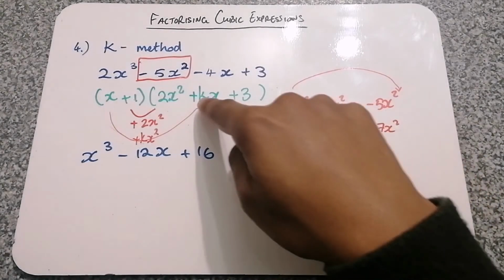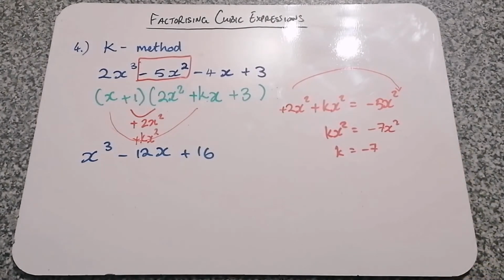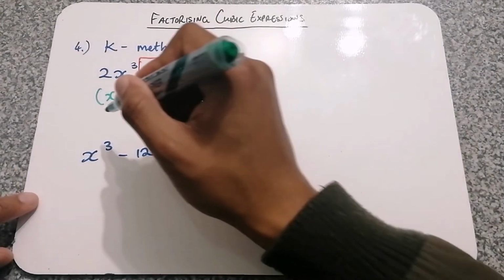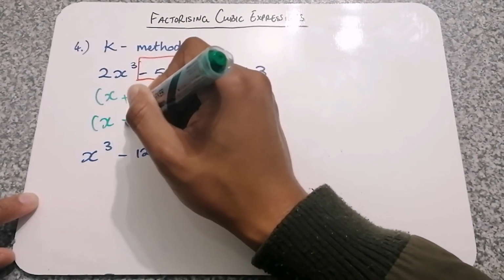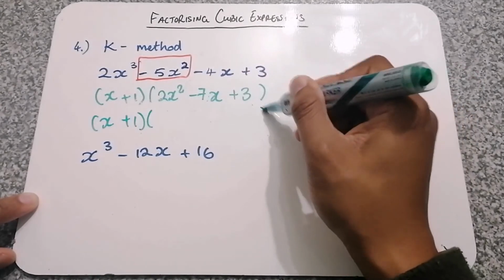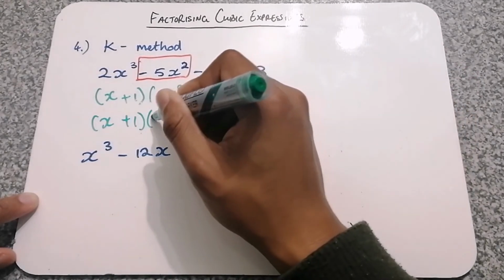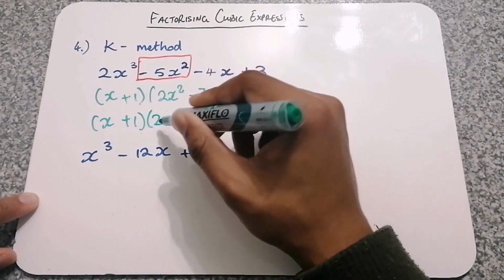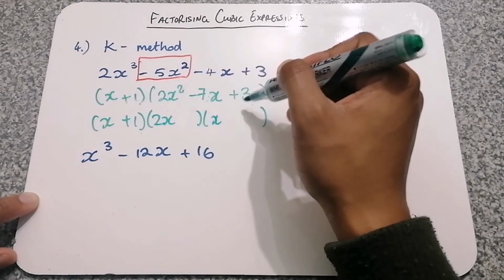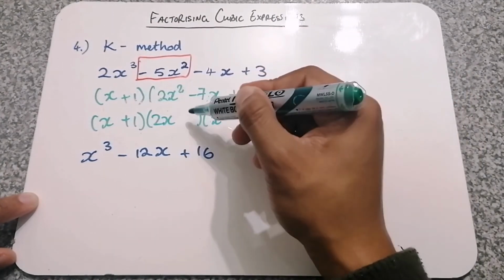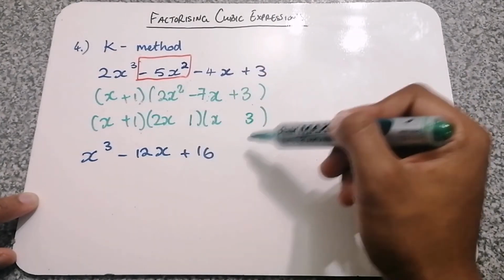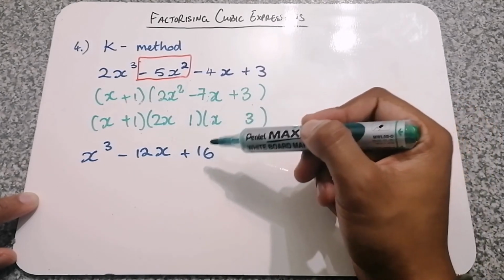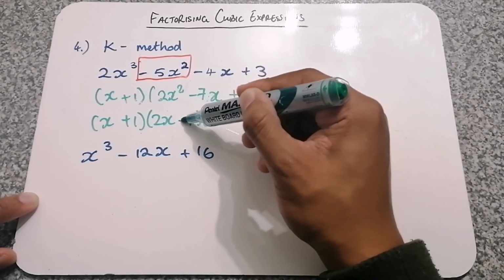Now, I'm going to substitute k with negative 7, and then factorize the trinomial. If k is equal to negative 7, I'll factorize this trinomial as 2x and x. That's the factors of 2x squared. 3 is a prime number, so it's just 3 and 1. 2 times 3 is 6. 1 times 1 is 1. 1 plus 6 is 7.